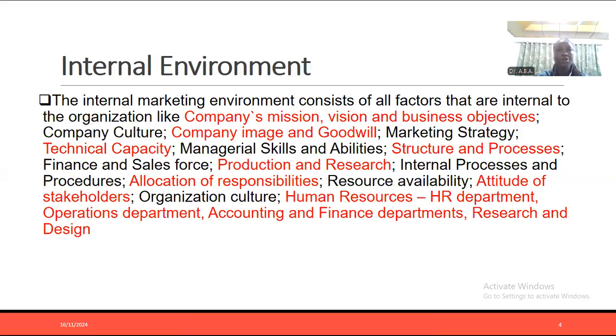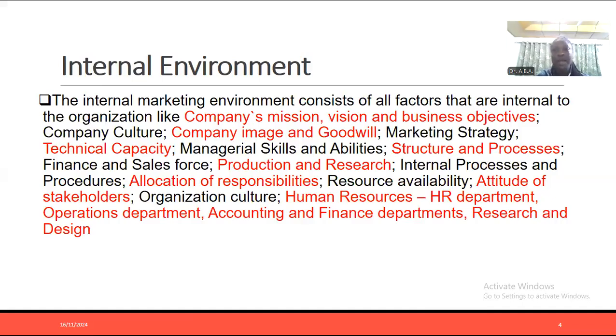We can also have the company culture, image and goodwill, marketing strategy, technical capacity, managerial skills and abilities, the structure and processes, finance and the sales force, and production and research.